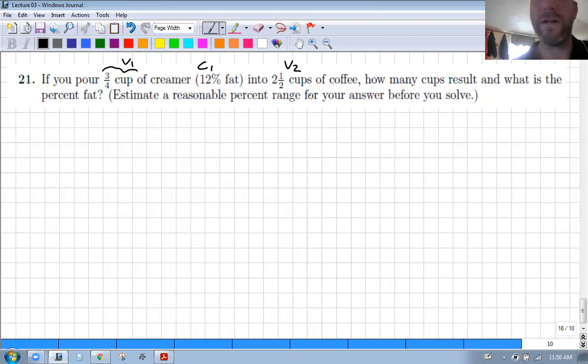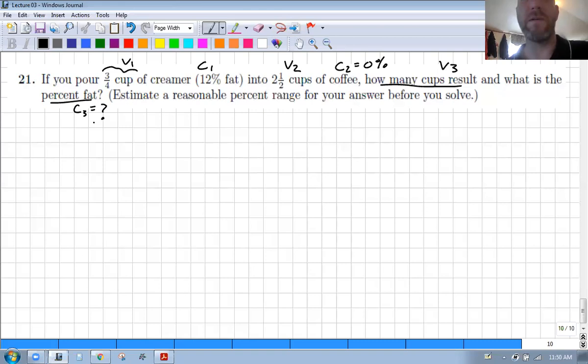So what we're looking for here is the percentage of fat. When they say coffee, that's our C2. That means the coffee doesn't have any fat in it, so our C2 is 0%. How many cups result? So V3. And what is the percent fat? That's our C3. So we don't know.